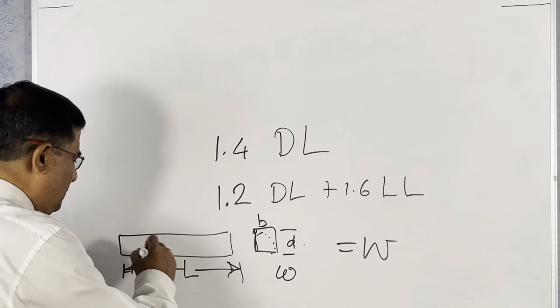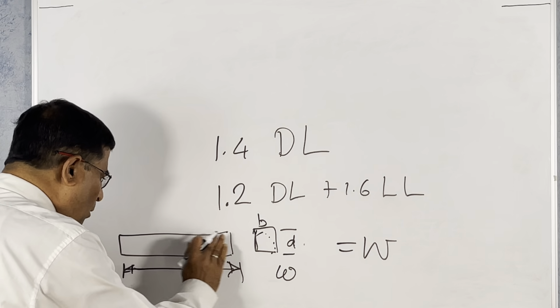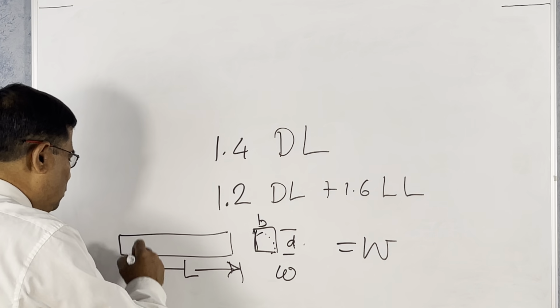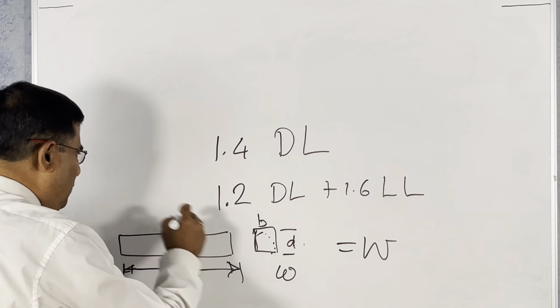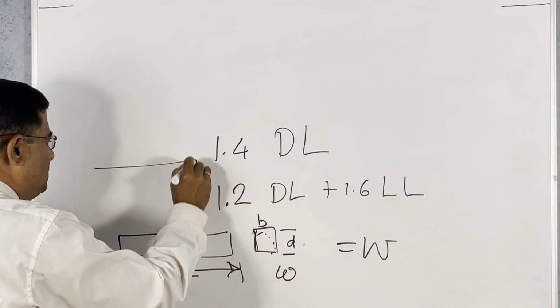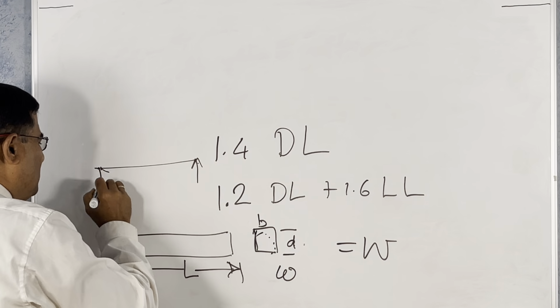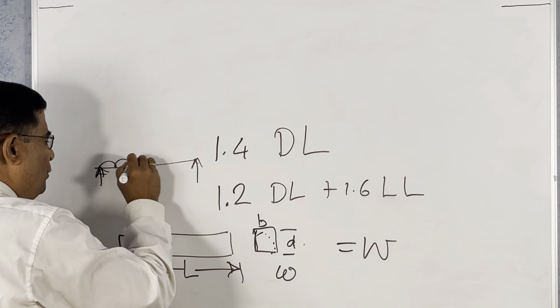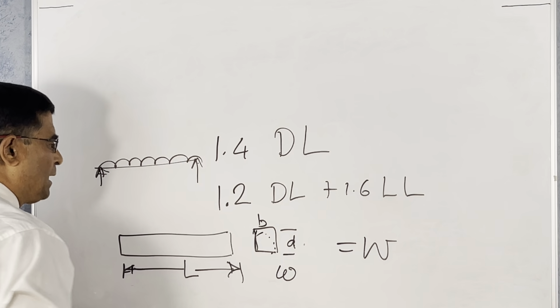But one thing is that this load is uniform. So for this load W, you have to divide it by L. So it is uniformly distributed. We show it with a cloud.